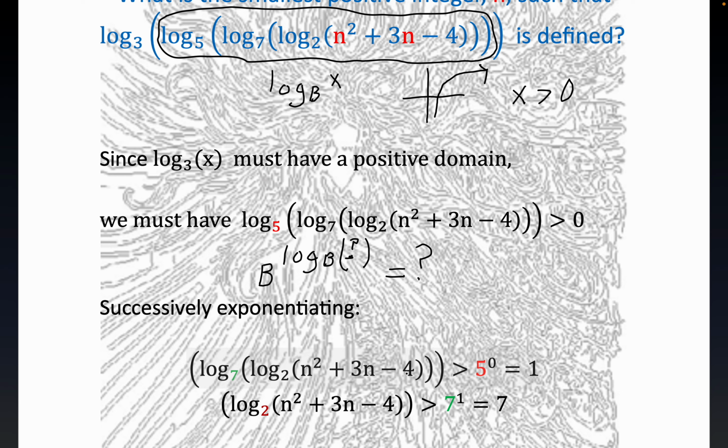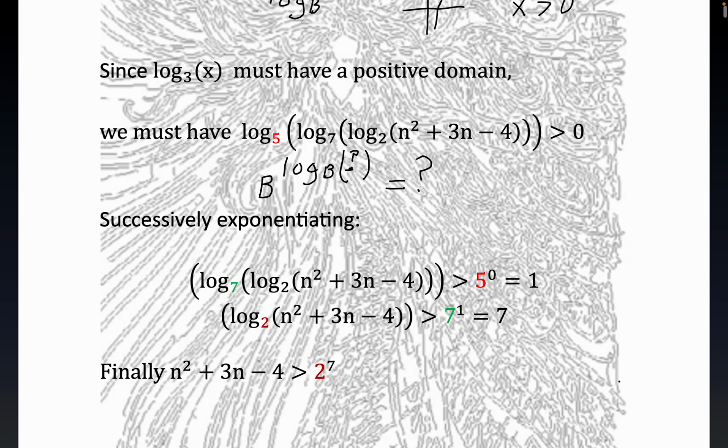In a similar fashion, this green 7 you see right here gets stripped away by raising 1, or 7 to the first power gives us 7, and all the way down. But notice how we have 2 to the 7th here, which is equal to 128.